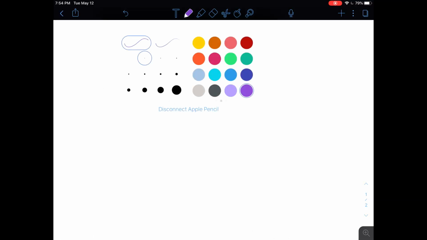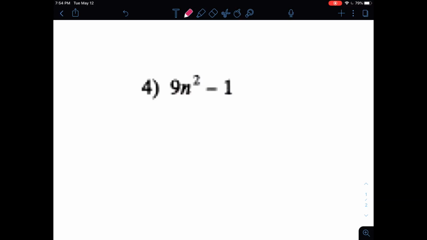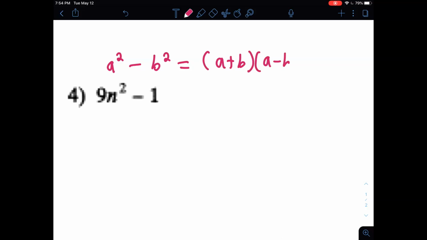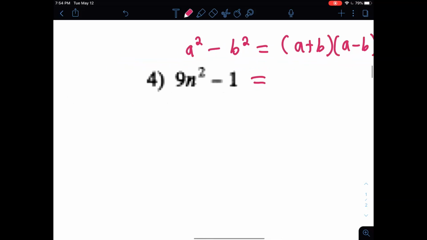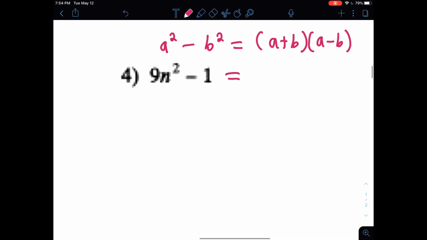So again, for number 4, we have 9n squared minus 1. This is still a squared minus b squared, and it's going to factor to a plus b times a minus b. All right, so we have to figure out a and b here. So if a squared is 9n squared, what is a going to be?